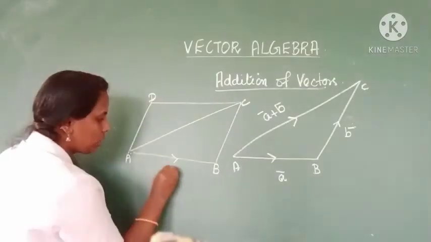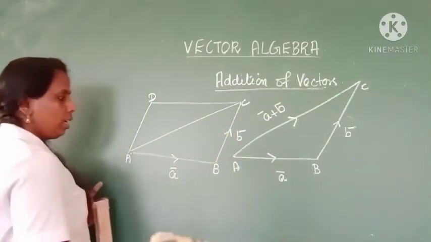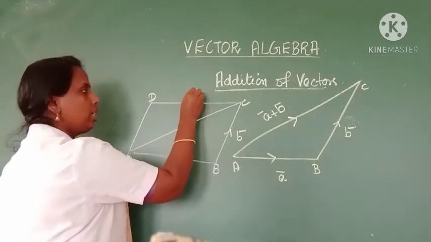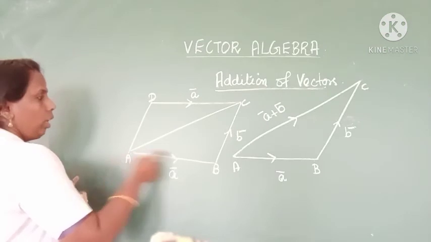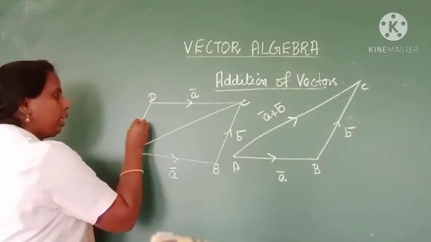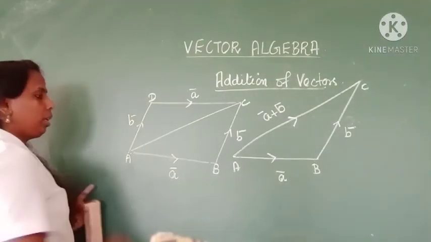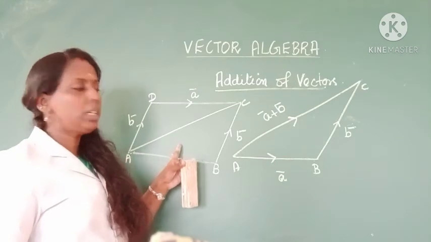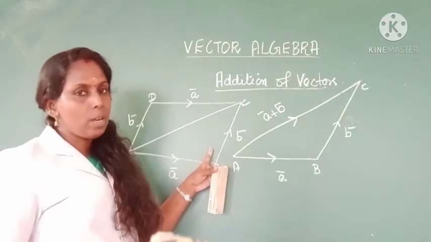Consider AB is vector A, BC is vector B. If AB is vector A, then BC is also vector A, isn't it? Now, if BC is vector B, then AD vector is also vector B because ABCD is a parallelogram. Parallelogram means both pairs of opposite sides are equal and parallel.